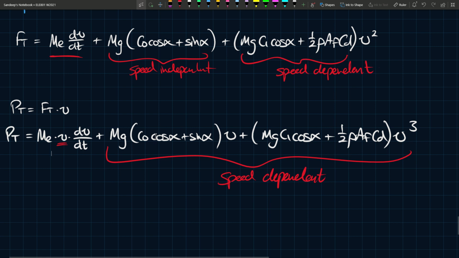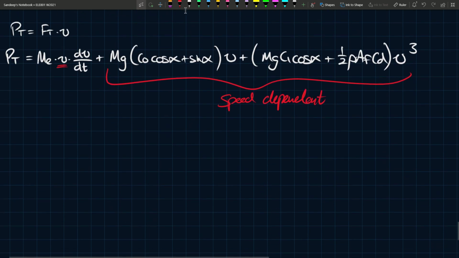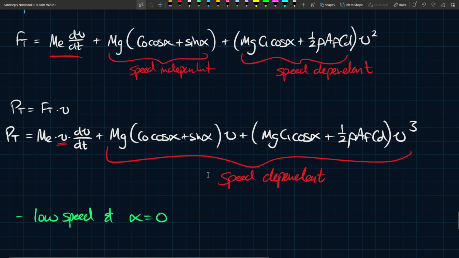For instance, at low speeds and on level roads, meaning alpha is 0, let's make some notes. So let's say low speed and alpha equals 0, right? Majority of the tractive force should be dedicated to the acceleration of the vehicle. Now, why is that? If the speed is low, then these terms are not very large, right?